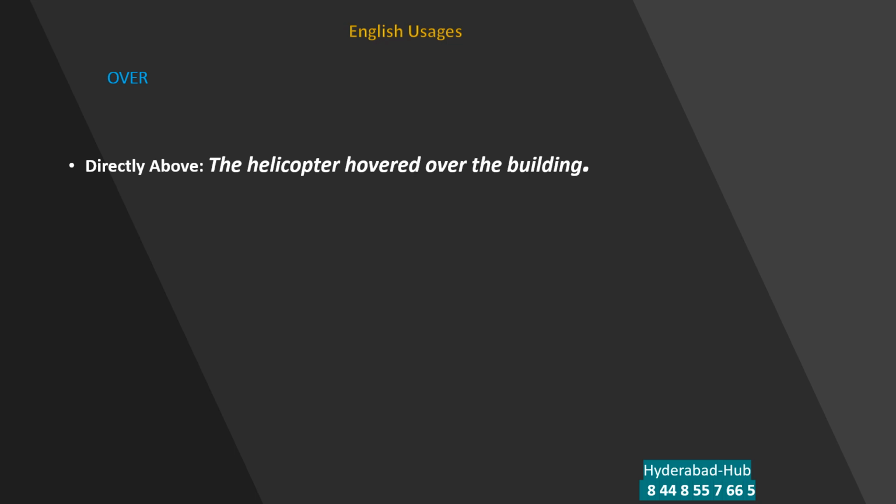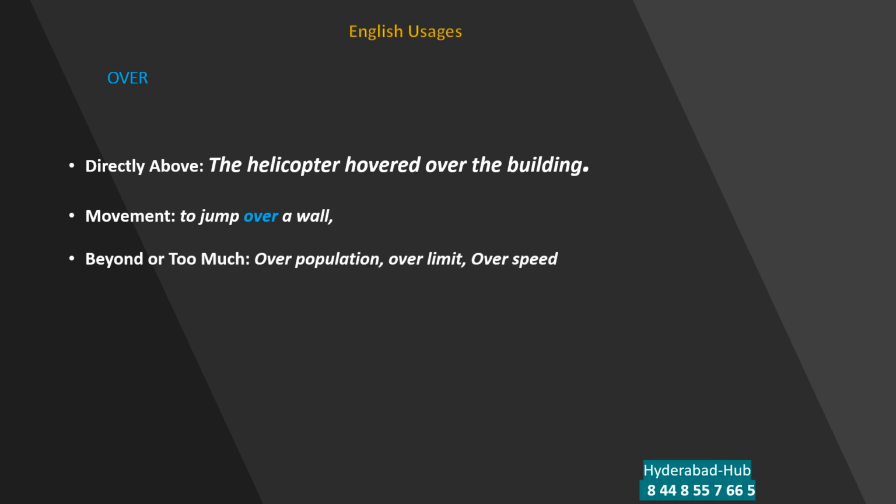Similarly, over also means movement. To mean the movement of a person from one place to another, we could use over. For example, to jump over a wall. Also, to mean beyond or too much, we could use over.